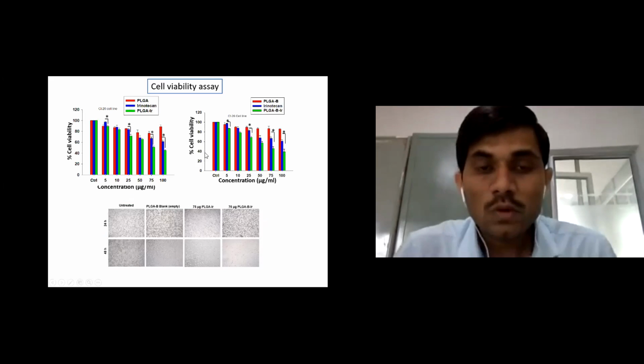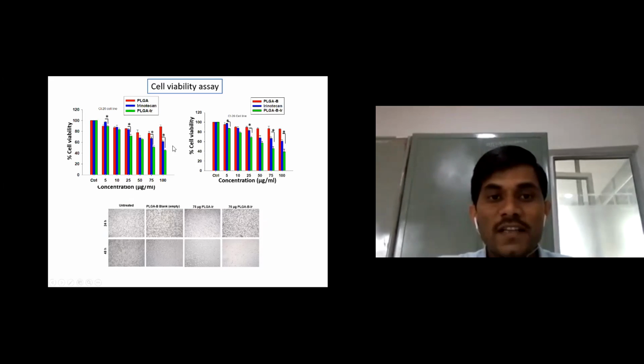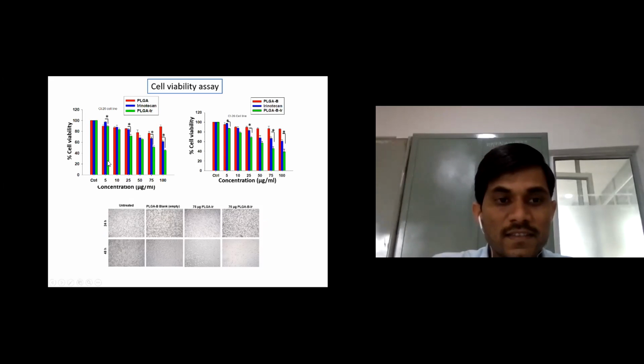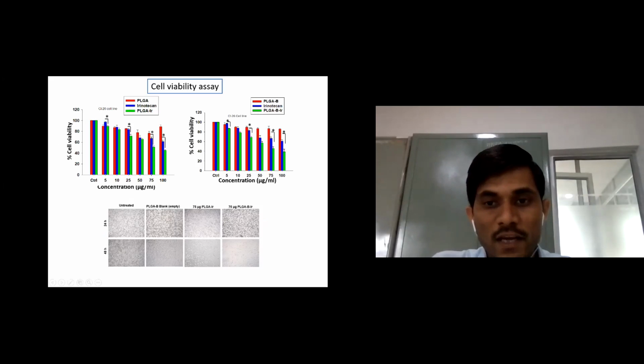Then we have carried out in vitro cell viability using CT26 cell lines, and we have observed the IC50 value for the irinotecan loaded PLGA nanoparticle is around 75 microgram per ml, whereas for the irinotecan loaded PLGA biotin nanoparticle, it is less than 75 microgram.